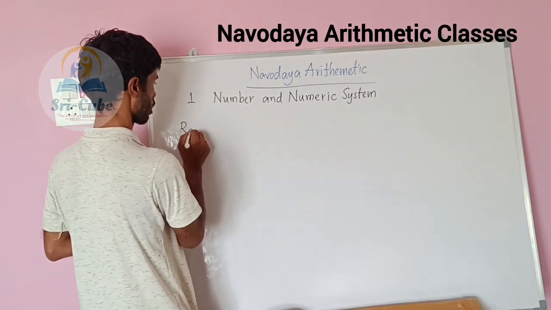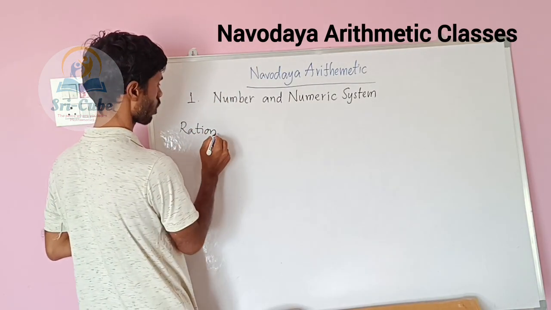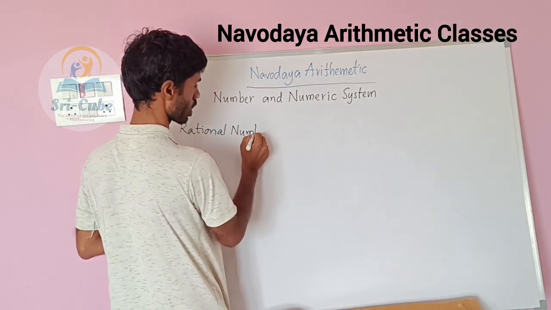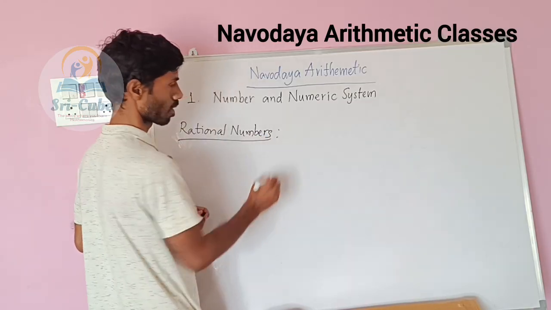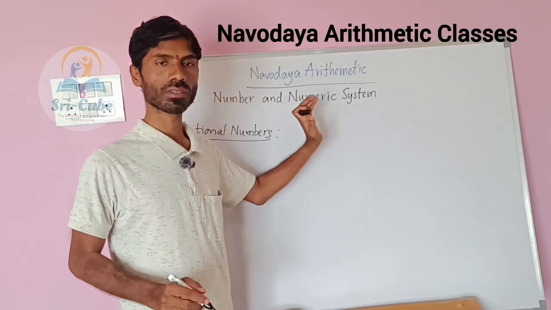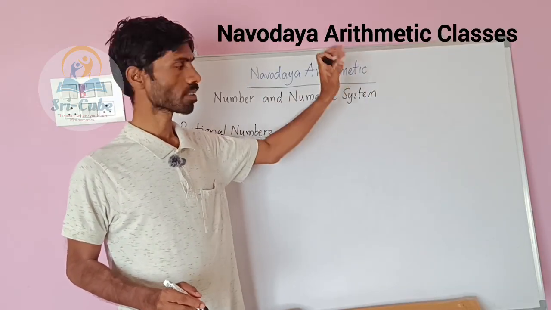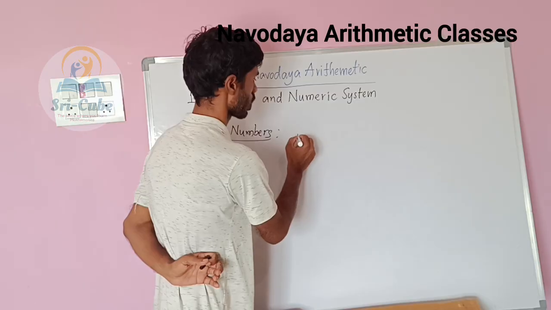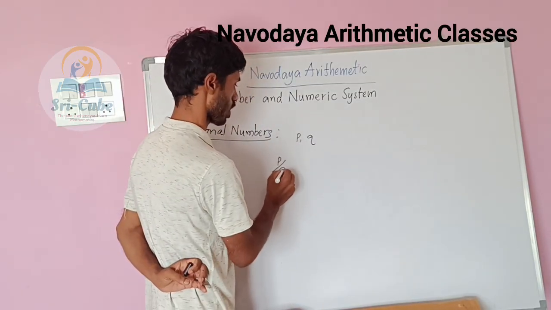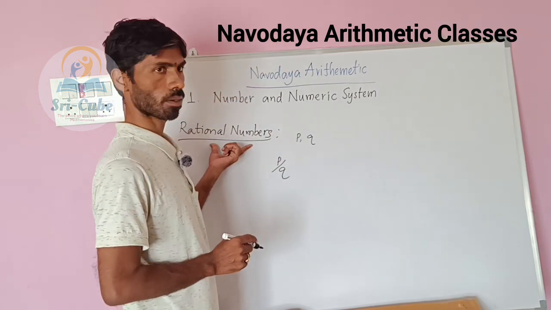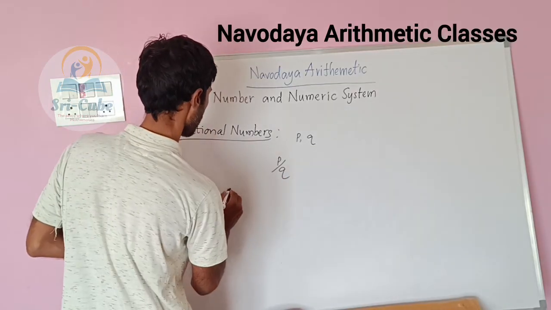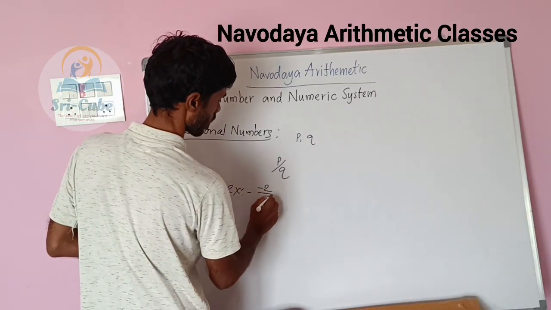Next, rational numbers. The numbers which are in the form of p by q are called rational numbers, where p and q are integers and q is not equal to 0. For example, -2 by 3.